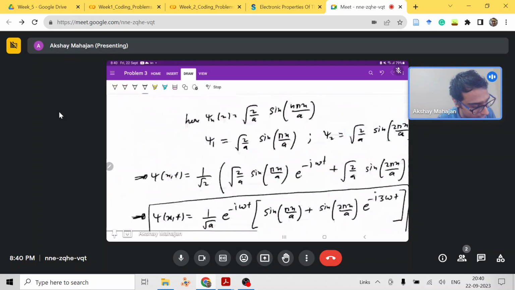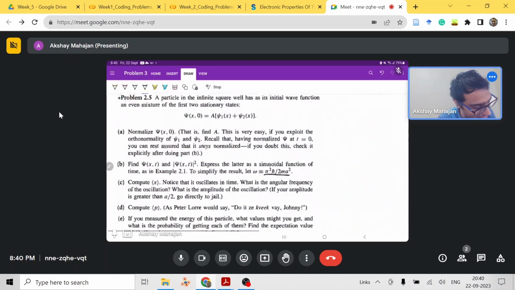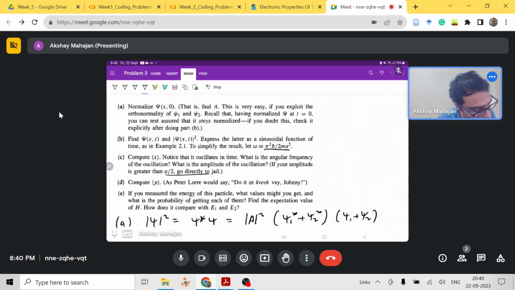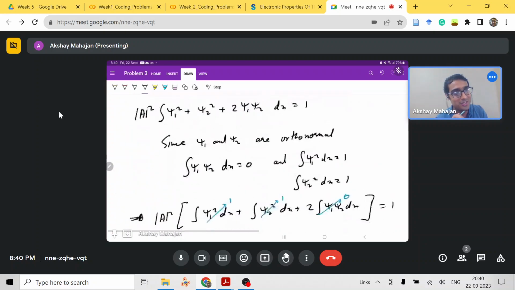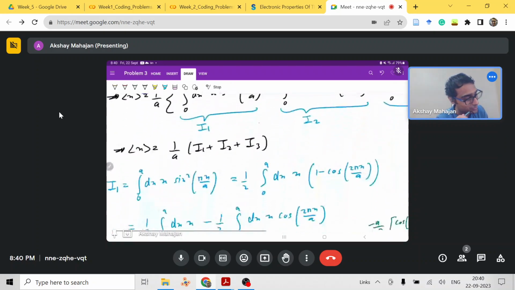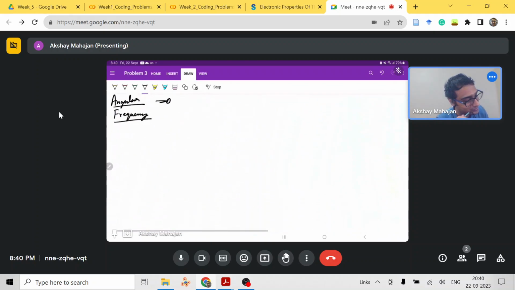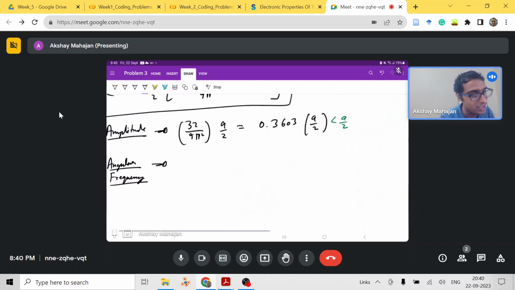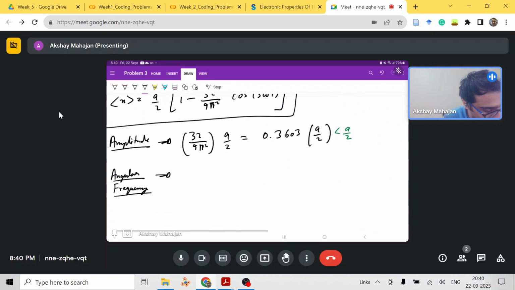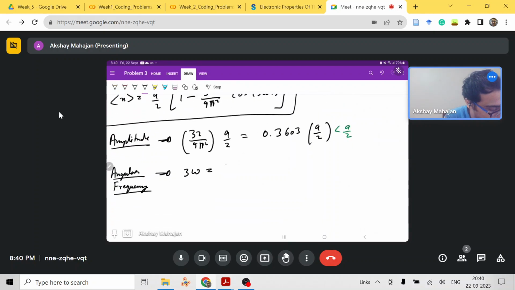It was written in the question that you have to go to jail if your amplitude is greater than a by 2. So no, it is less than a by 2, so we are safe here. And our angular frequency is coming as 3 omega, where omega is just pi square h cross upon 2 m a square. This is our angular frequency.